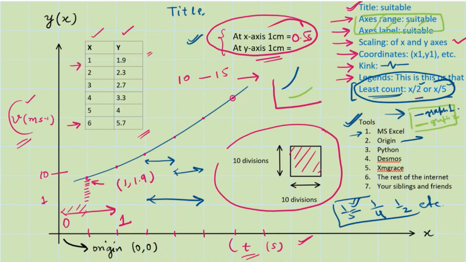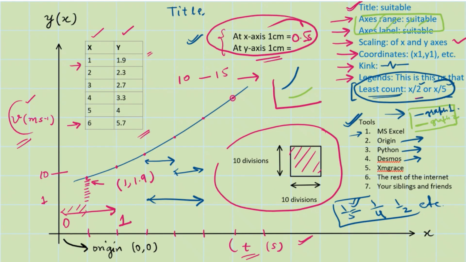There are scientific tools like Origin, and there are programming languages like Python, and there are online tools to visualize difficult graphs or equations and curves like e to the power minus x or x square or k e to the power minus x square, certain things.